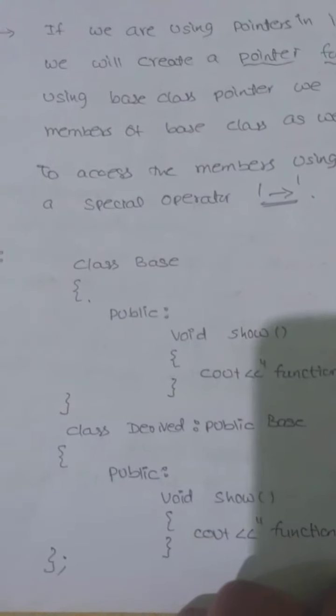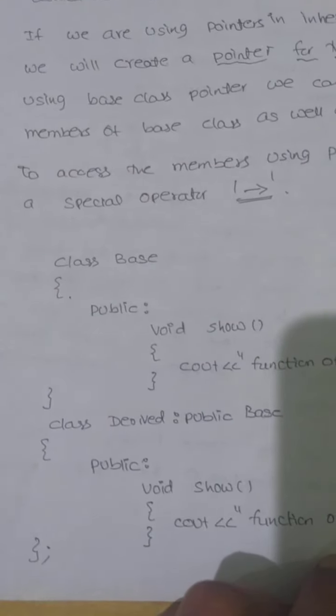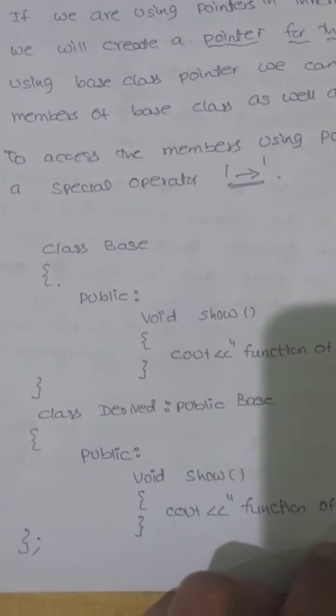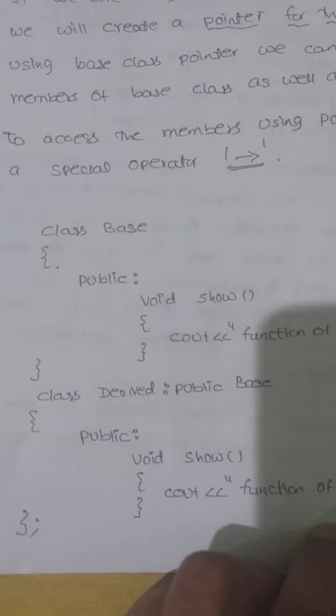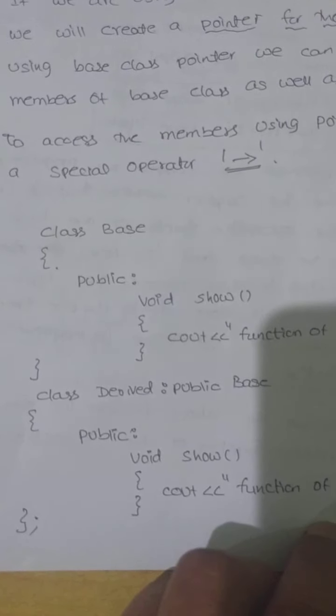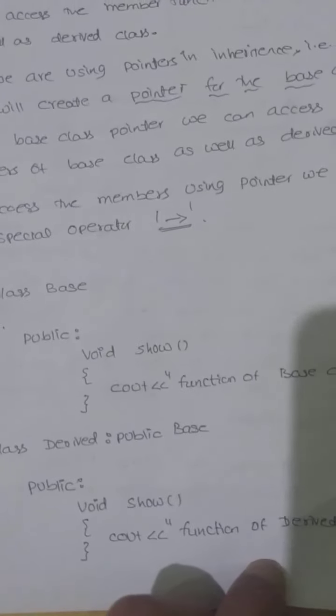See here, in class base, I have taken one function called show. In the derived class, which is inherited from the base class, I have taken another overridden function called show. Here I have written the function of the base class, and here I have written the function of the derived class.